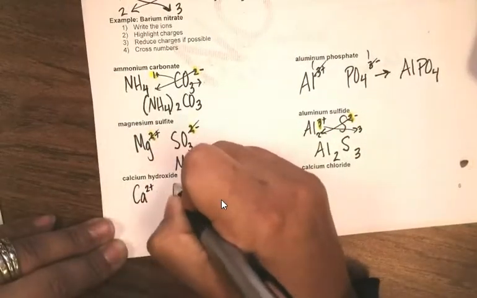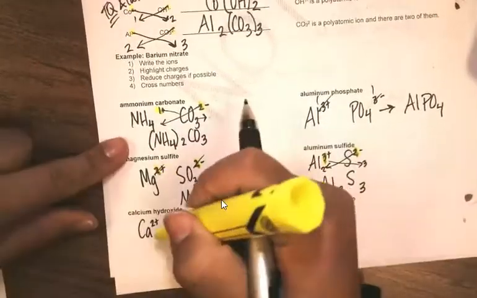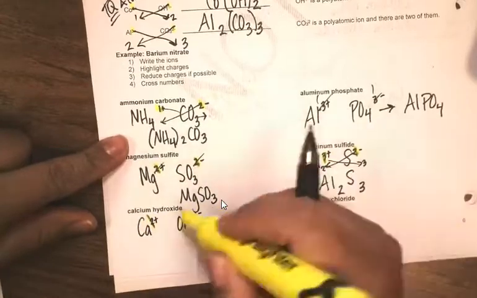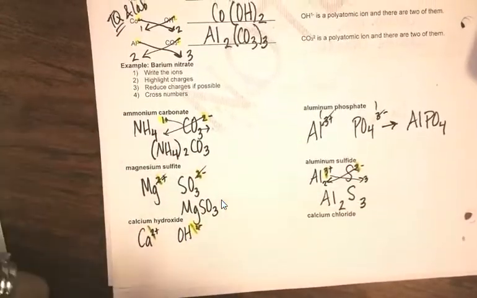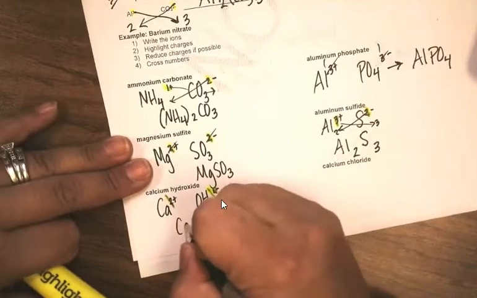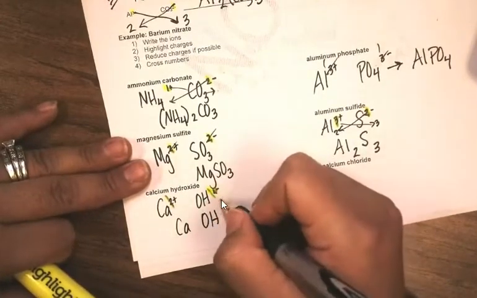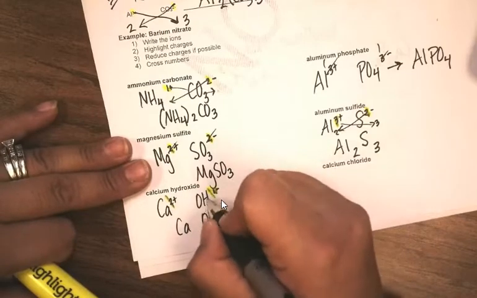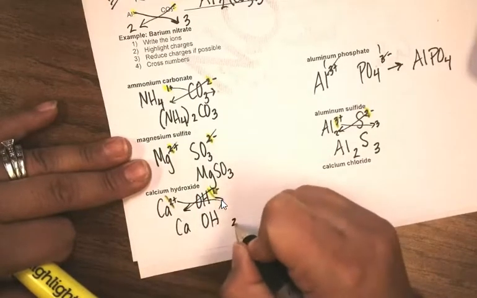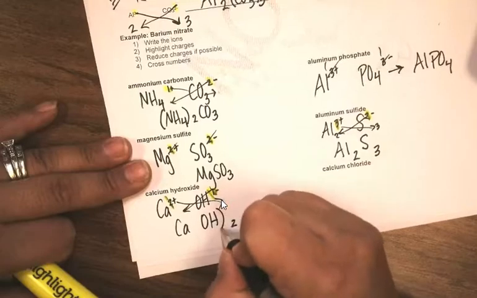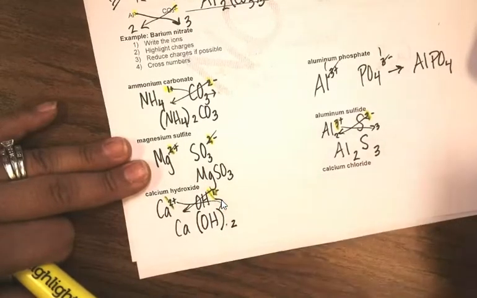Here, Ca2+, OH1-, 2 here, 1 here, right? So rewrite the symbols with any subscripts that are naturally there with the polyatomic ions. Cross 2 here, more than one capital letter, yes, and I crossed a 2 or higher.